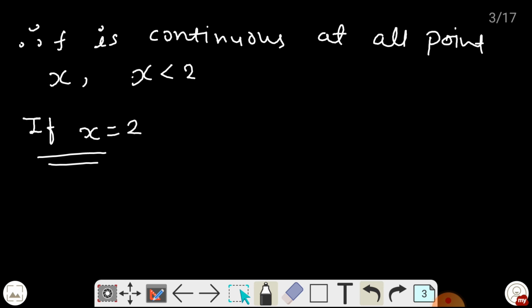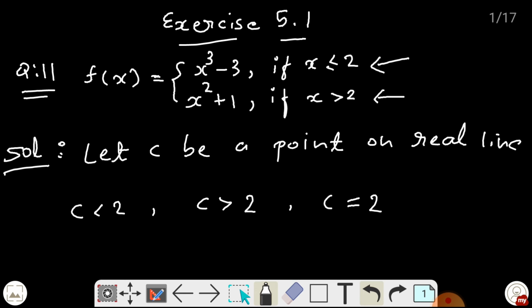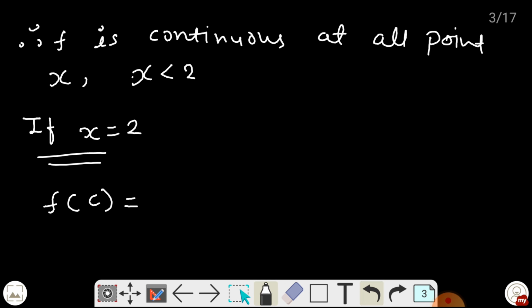Now if x is equal to 2, then first of all let us check f of c. When x is equal to 2, f of x is equal to x cube minus 3. So here we have to write f of 2.